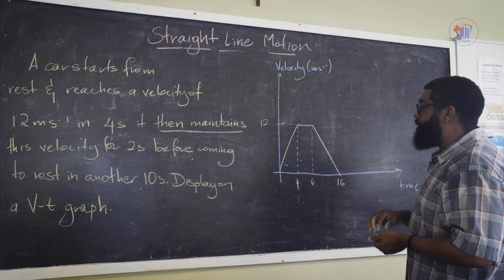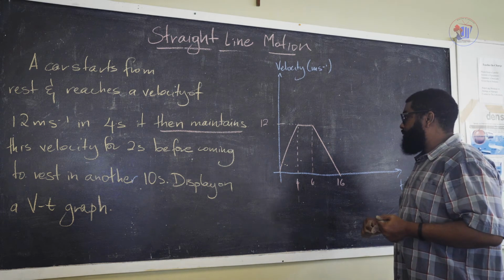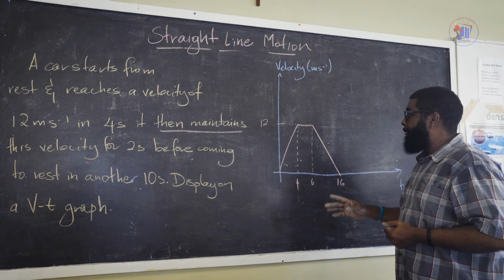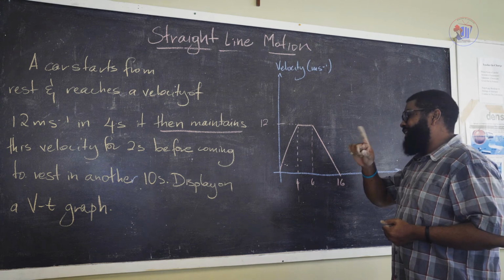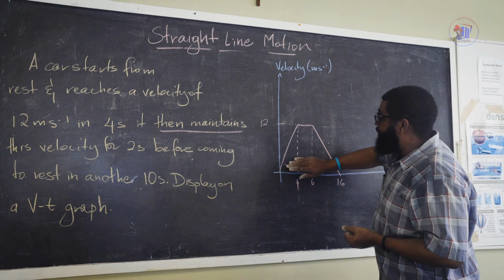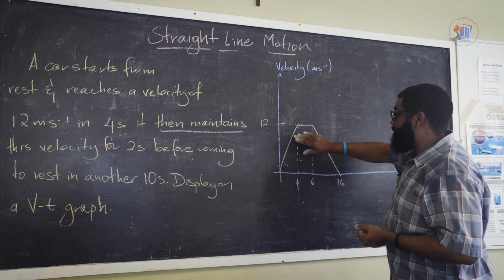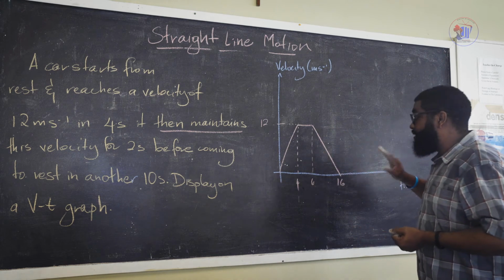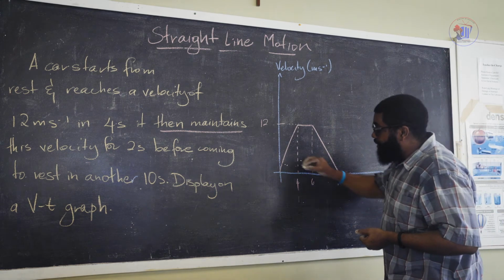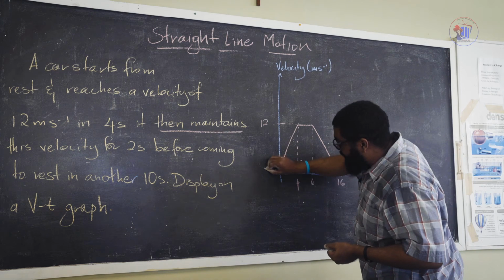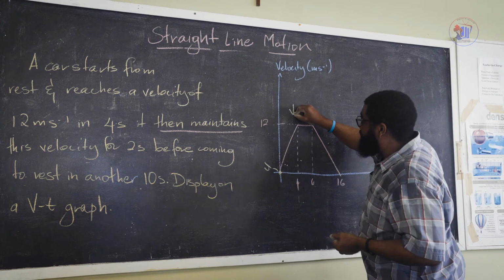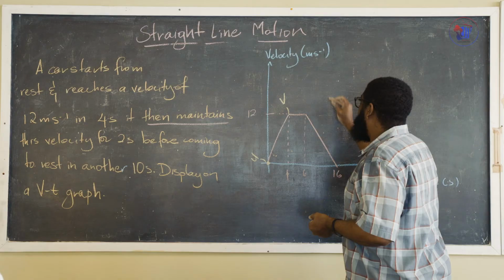Fairly straightforward. Let me ask a few questions. There's an acceleration for the first part. There's a deceleration for the last part. This is your initial velocity u. This is your final velocity v.